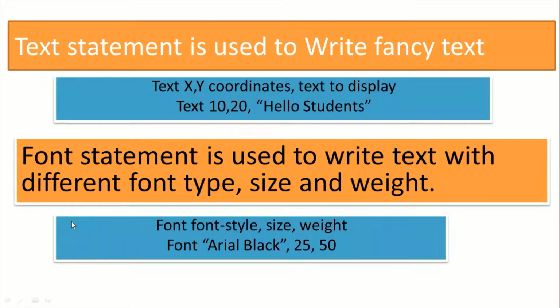Now we can also make some interesting graphics, fancy text. We can write by using the graphic statement. So the text statement is used to write fancy text, with the coordinates and the text which you want to display. So let us try out this command.